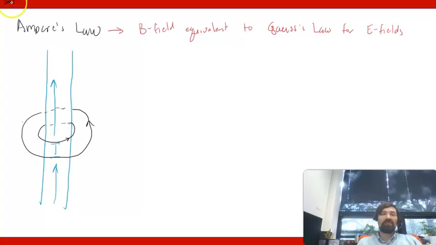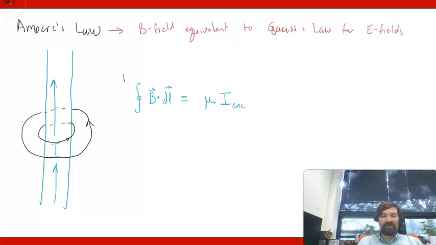So what we do is we choose a closed path. Any closed path will actually work, but preferably one that can follow a single magnetic field line. If you integrate B dot dl around that closed path, you end up getting mu naught times the enclosed current.